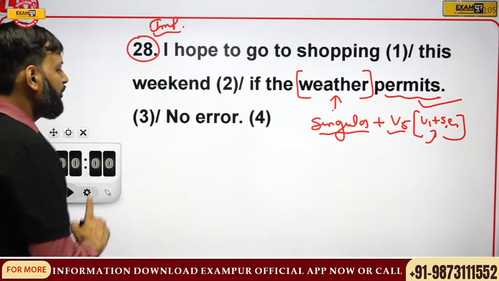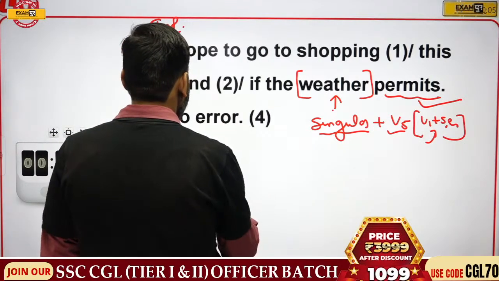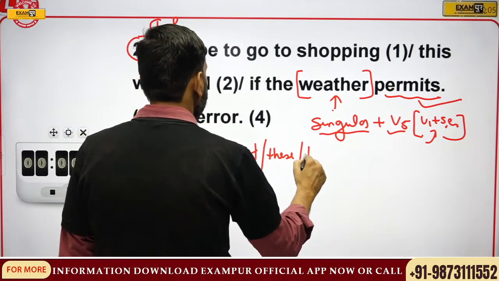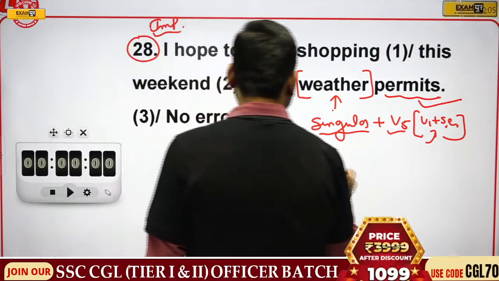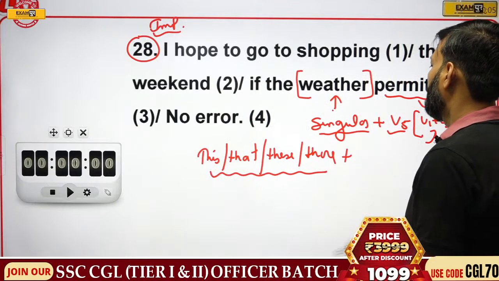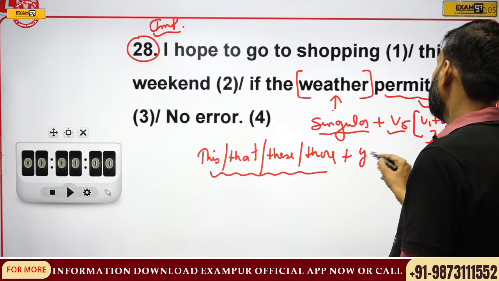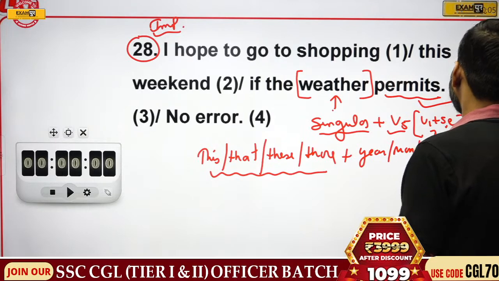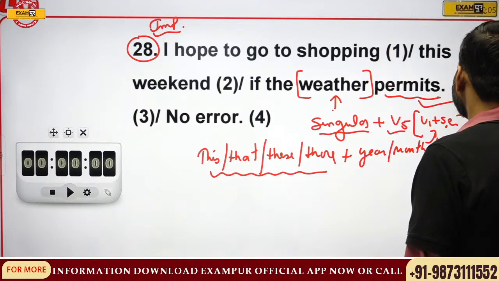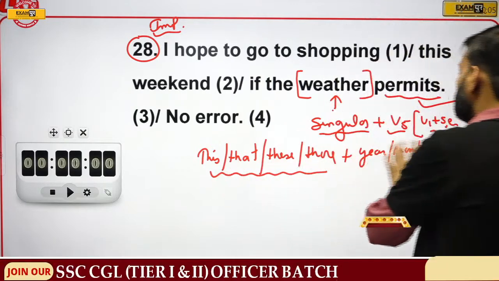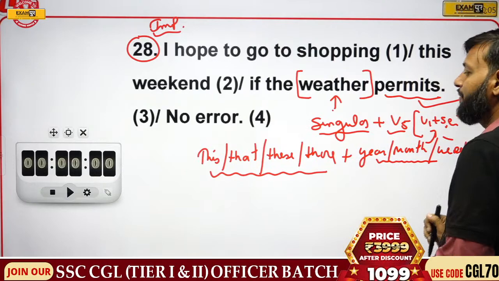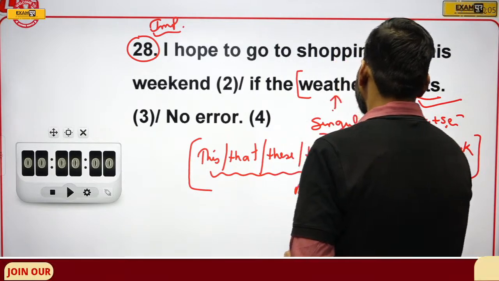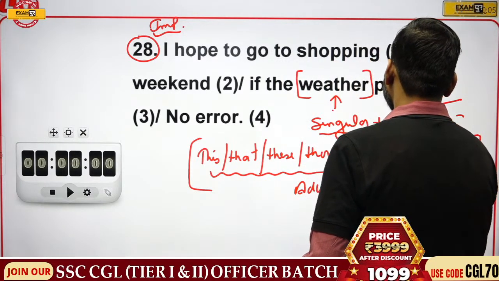Okay, always remember, if this, that, these, those are used with year, month or week, if this, that, these, those are followed by year, month or week, this becomes an adverbial phrase. This becomes an adverbial phrase.